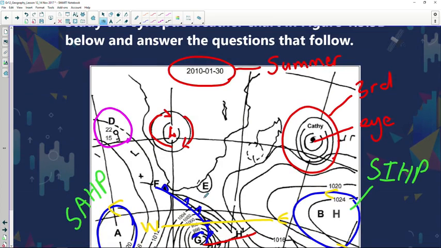As you can see, there's a low pressure system over there, and that is known as a coastal low pressure. Moves all along the coast. If we look at the low pressure system number E, over there, it's a coastal low pressure system.